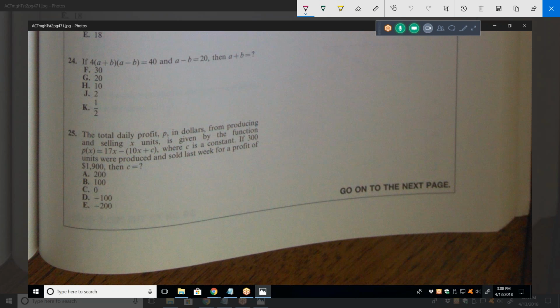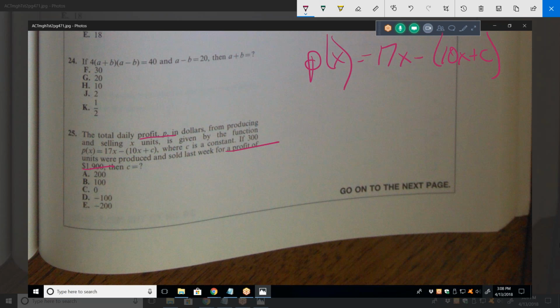Do I just plug in the 1900 or set that equal to 17x? Well, just that equation. Yes. In other words, we know what the profit was. Well, profit is given by P. They're saying that it was 1900. So here's what we start with. P of x equals 17x minus 10x plus c.